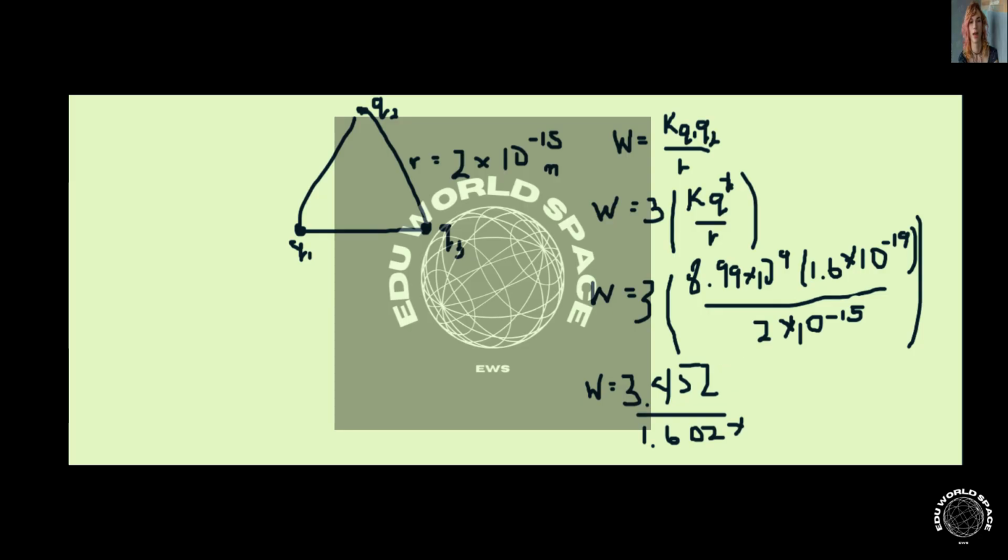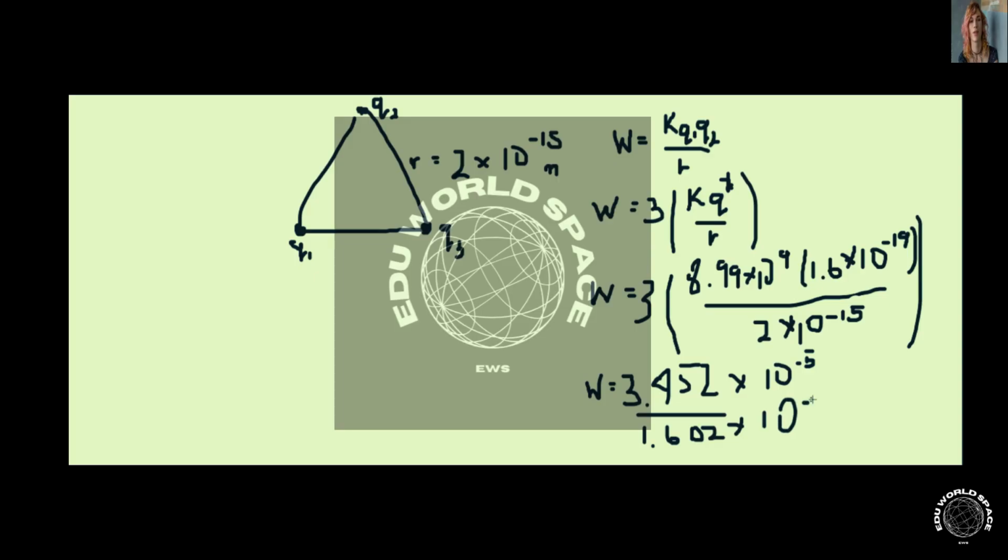Sorry, I'm forgetting a couple digits here. This is 3.452 times 10 to the negative 15. So if you want to convert these into MeVs, then we just need to divide by 1.602 times 10 to the negative 13.